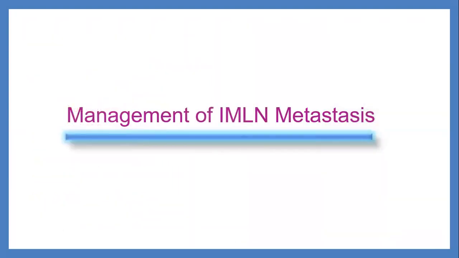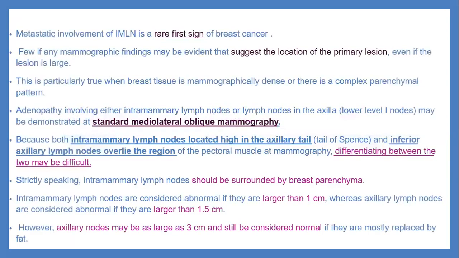So let us go for the management of intramammary lymph node metastasis. What do you suspect if the intramammary lymph node is metastatic? Okay, they said metastatic involvement of intramammary lymph node is the rare first sign of breast cancer.